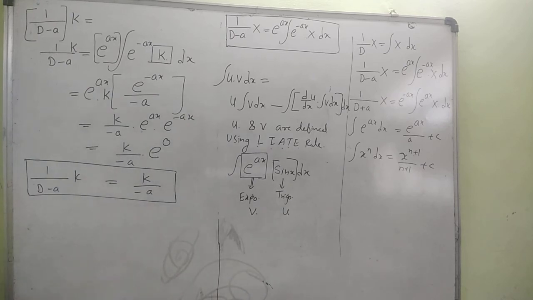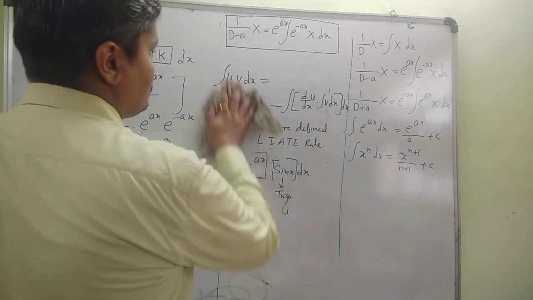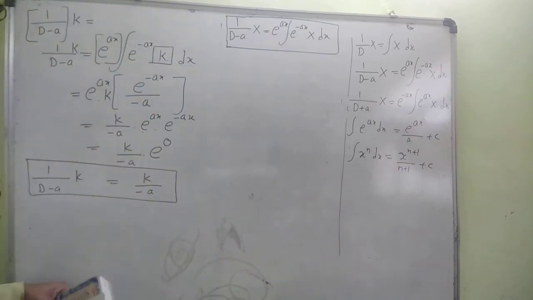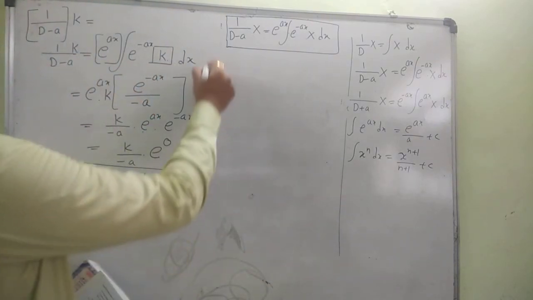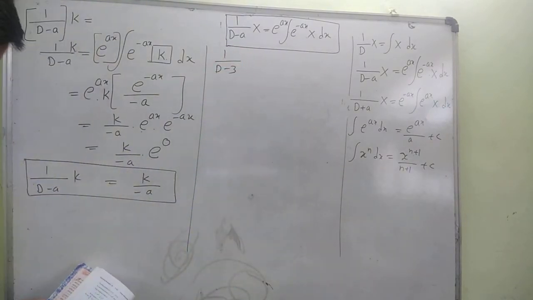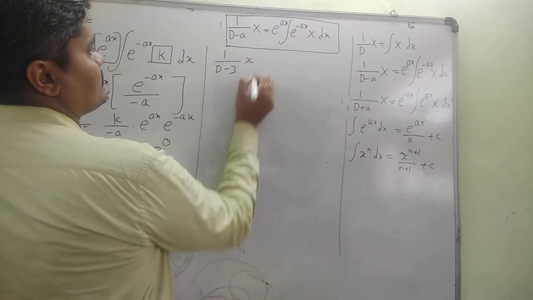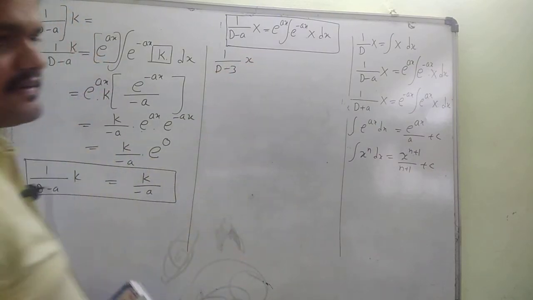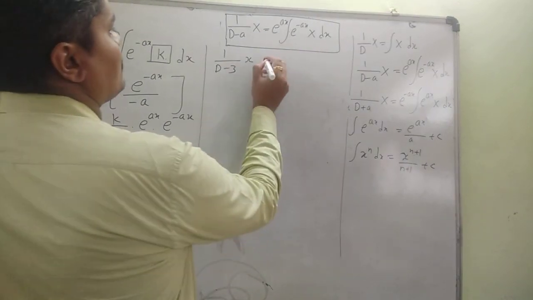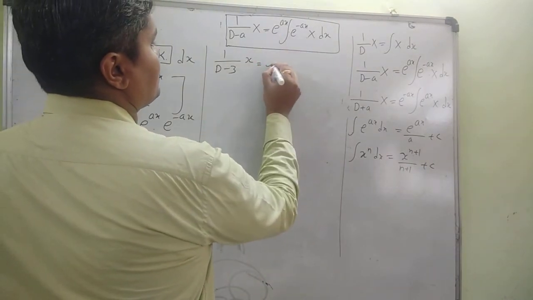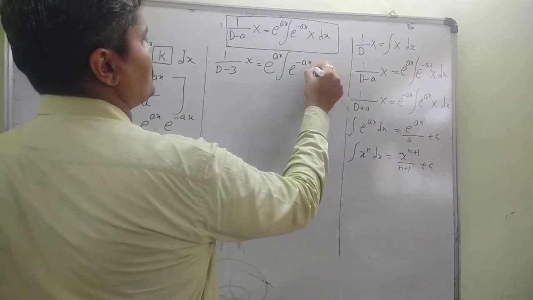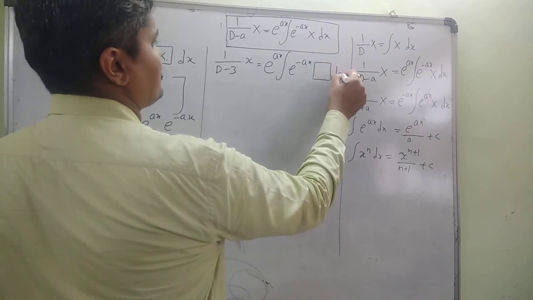Similarly, when it comes to 1 upon D minus 3 into x, we can use the formula: e raised to ax integration of e raised to minus ax into the function of x.